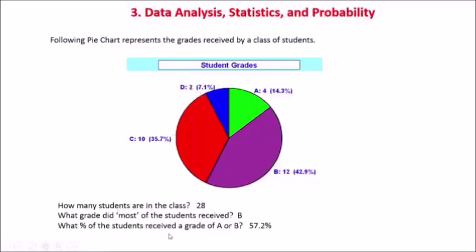Then what percent of students received a grade of either A or B? Okay. So you know that 14.3% got A and 42.9% got B. So A or B means that it's 14.3% plus 42.9%, so that is 57.2% of the people received either A or B. Okay?